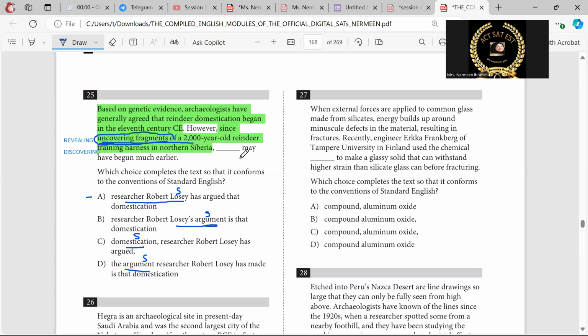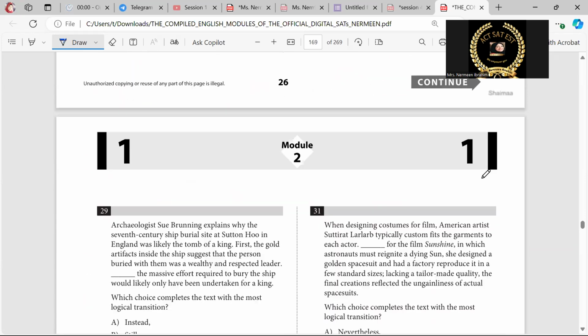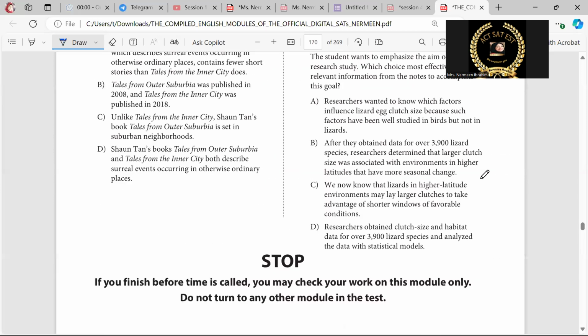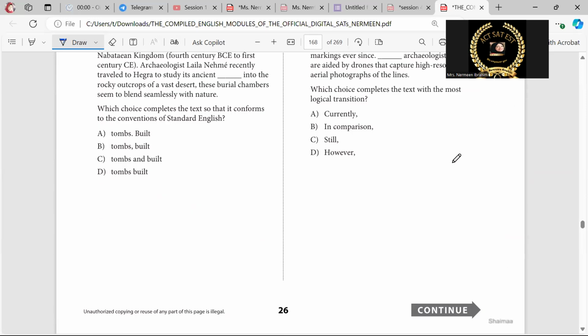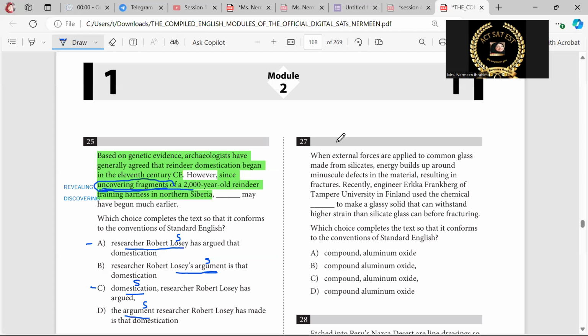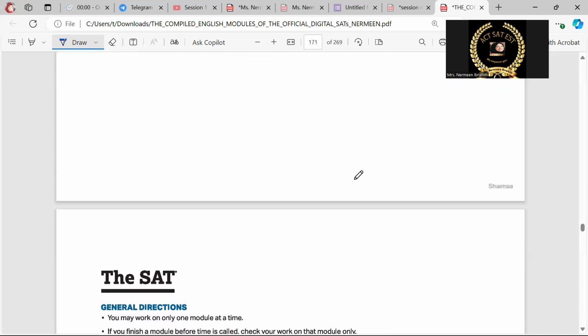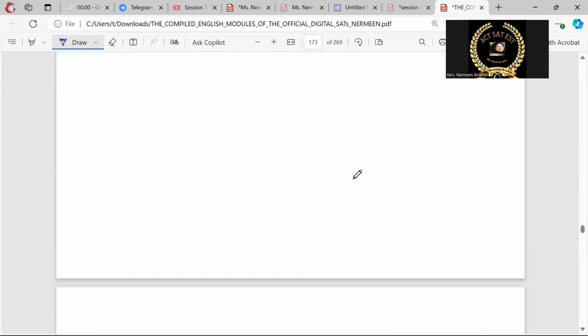Of course, I will let you know the answer now, okay? But through showing you how to use this PDF. This PDF has 4 tests. Each test has 2 modules. Our question is in which module? In module 2. Right after each module or after the 2 modules, you will find the answer key.